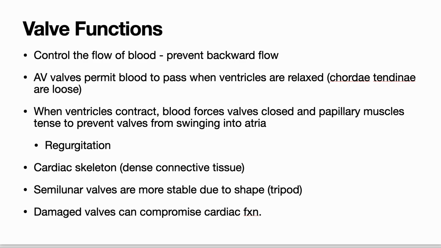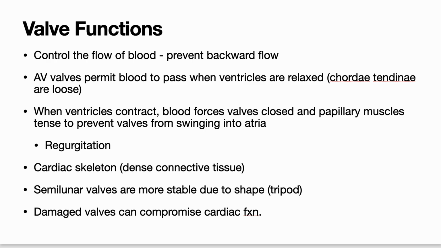Okay, so we'd be remiss if we didn't spend a little bit of time talking about valves. They are really important to controlling the flow of blood through the heart. They prevent blood from flowing backwards as the heart undergoes sequential contractions and relaxations from atria to ventricles. So the AV valves permit blood to pass when the ventricles are relaxed because the chordae tendineae are loose.